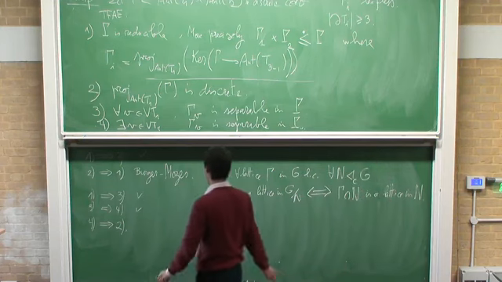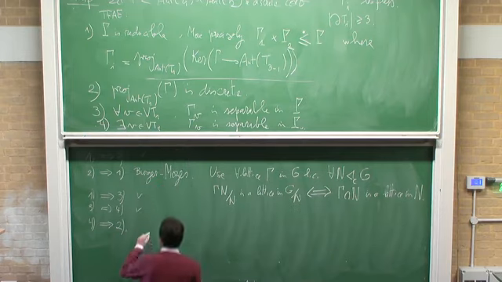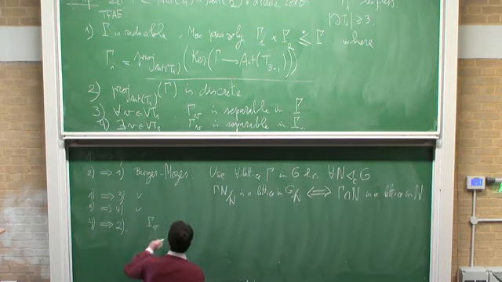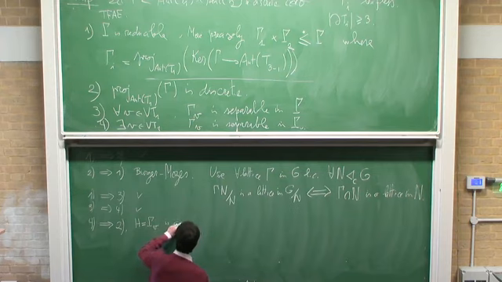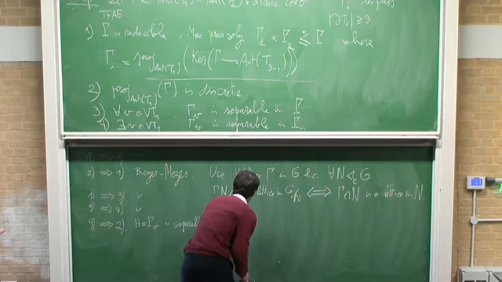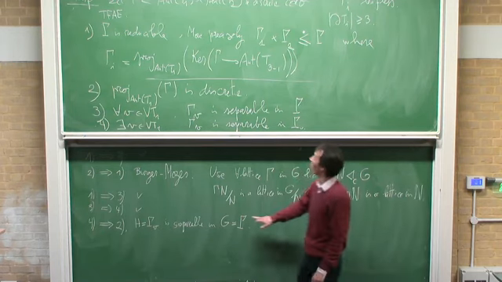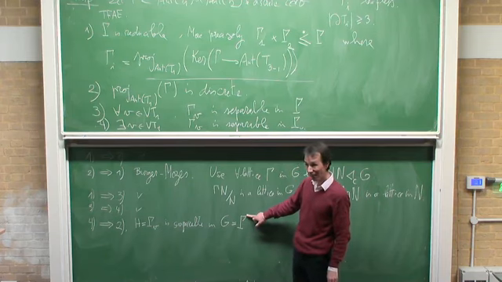So let me explain this. So we assume that gamma v, that we call H, is separable in G, which we call gamma. But gamma is finitely generated, it acts cocompactly on a product of trees.